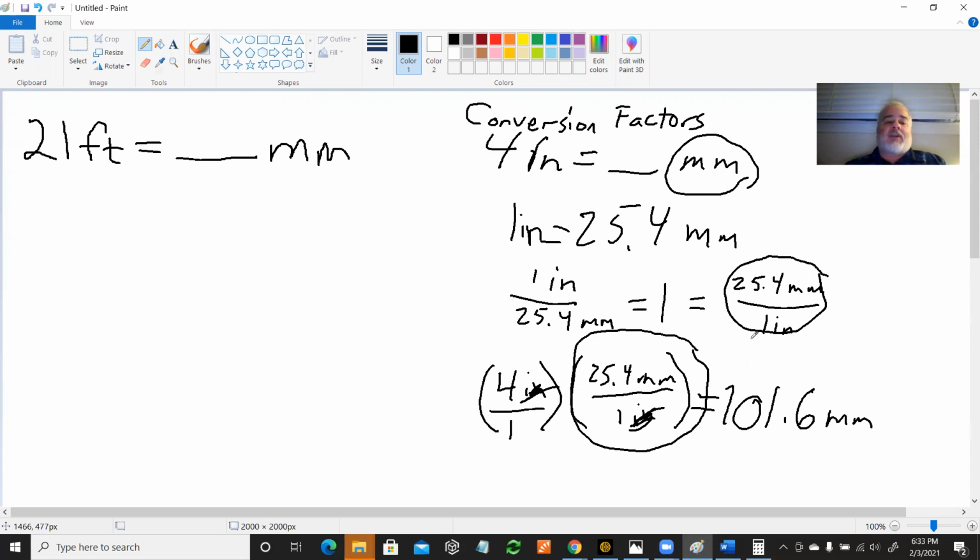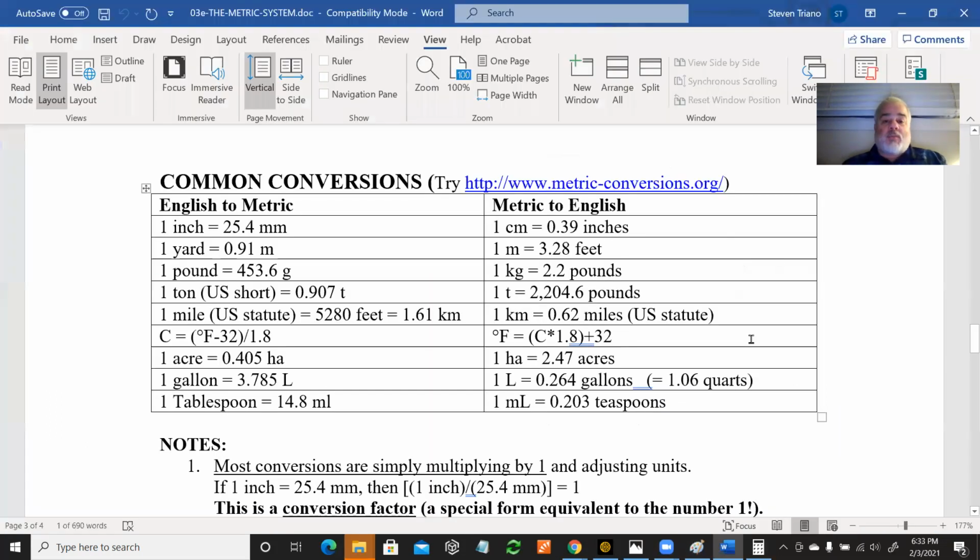What about this one? Let's go back to the 21 feet equals how many millimeters? Do I have anything that is feet to millimeters? No. I've got feet to meters. I've got inches to centimeters. I've got a number of different things, but I don't have any feet to millimeters. So how do I do it?